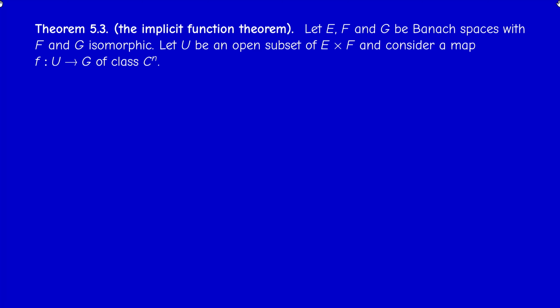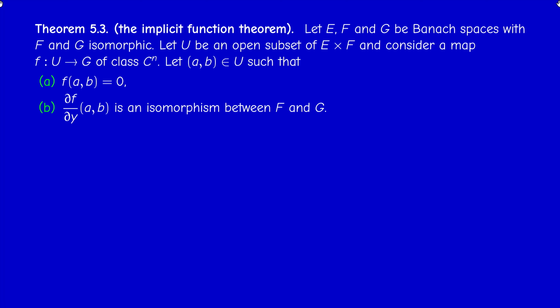It's a map from an open subset U of E times G, and that takes values in capital G, and we consider a point (a, b) in the domain of small f, at which small f vanishes, and we assume that the partial derivative of f with respect to the second variable at the point (a, b) is an isomorphism between the spaces capital F and capital G. So if F and G are not isomorphic, the whole discussion is empty. So always start by checking that F and G are isomorphic.